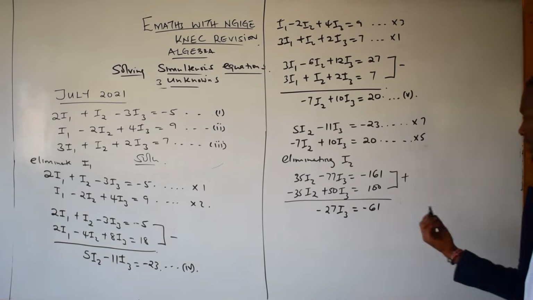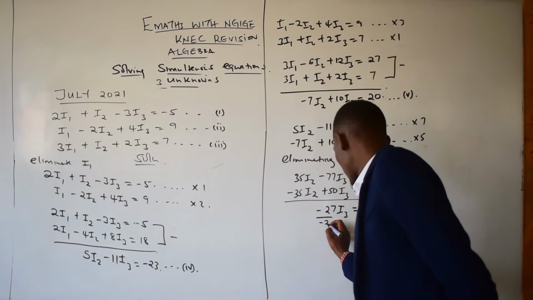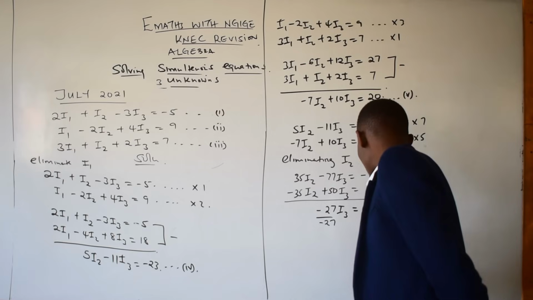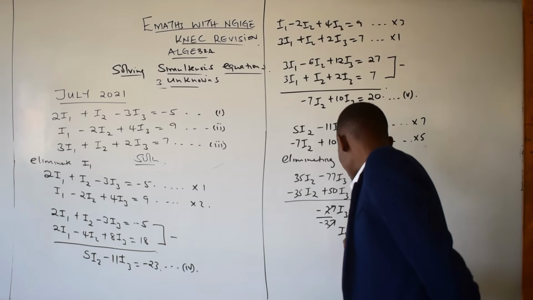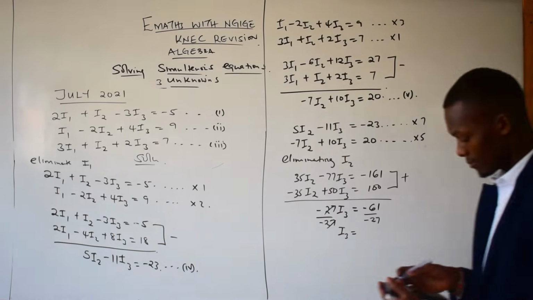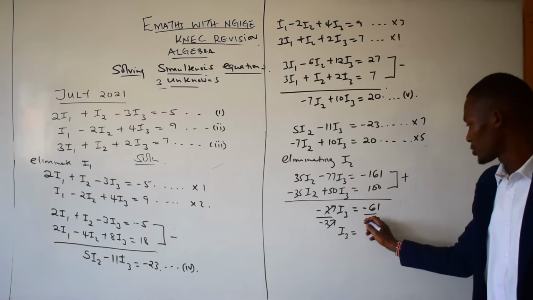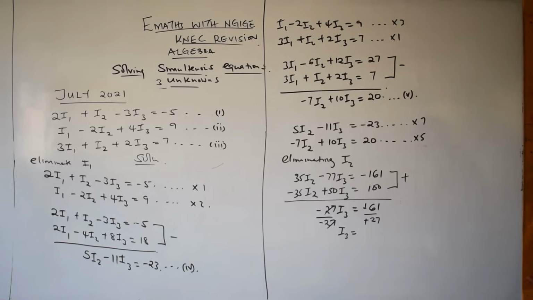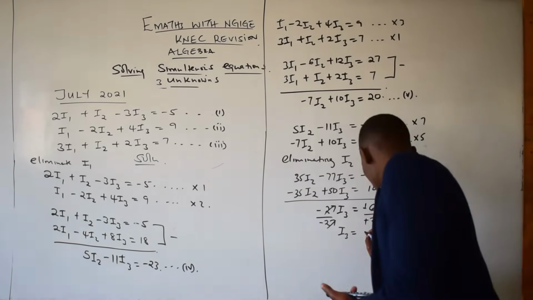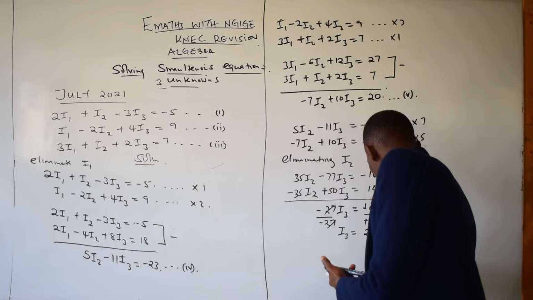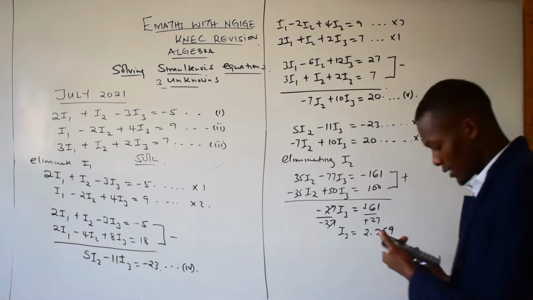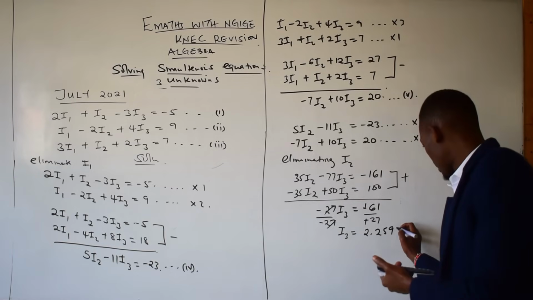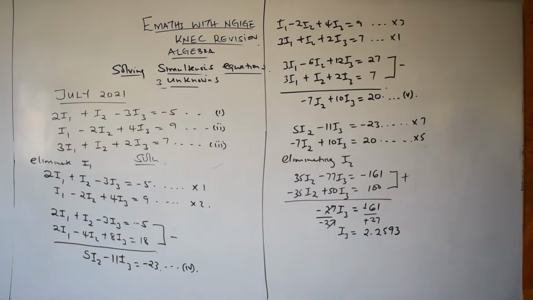Then divide by negative 27 both sides. Therefore your I3 will be 61 divided by 27, which gives 2.259, let's say 3 decimal places. So now you have your value for I3.